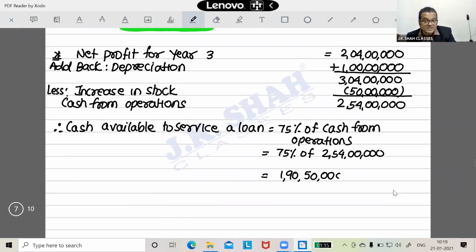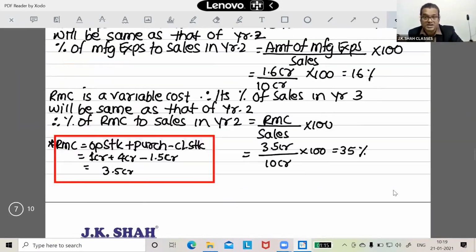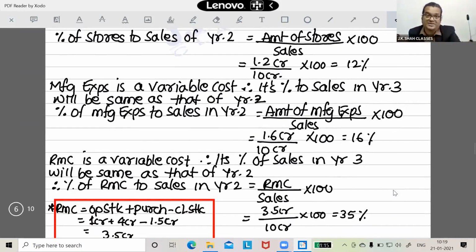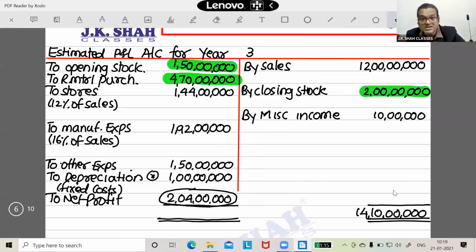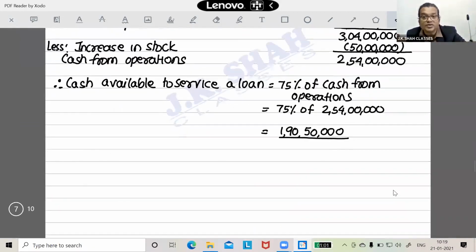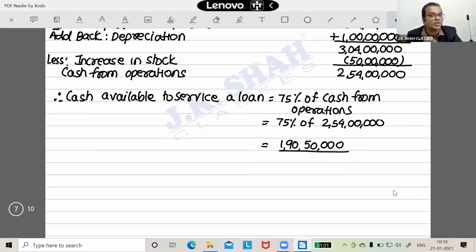So see, with this estimation, this is all estimation. We as a finance manager estimated this number. The cash available to service the loan would be 1 crore 90 lakh 50,000 if everything goes correct. Whatever big estimation you have done for P&L, if the sales happen this way, if the opening stock, raw material purchase, consume stores, and so on, if everything happens this way, you will be left with a cash of 1 crore 90 lakh 50,000 for repayment of loan. So now management has a very clear idea when they will go to borrow, they will check the rate of interest, they will check the installment, and they will take the total of it.